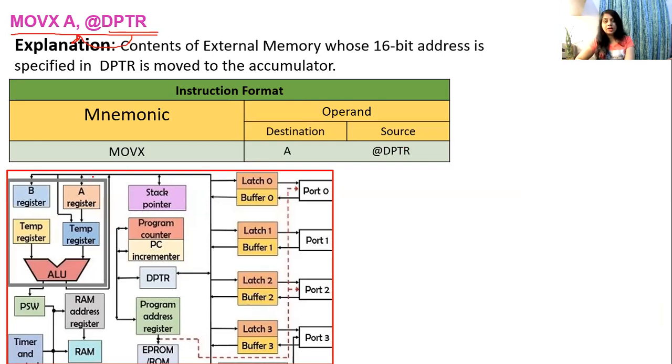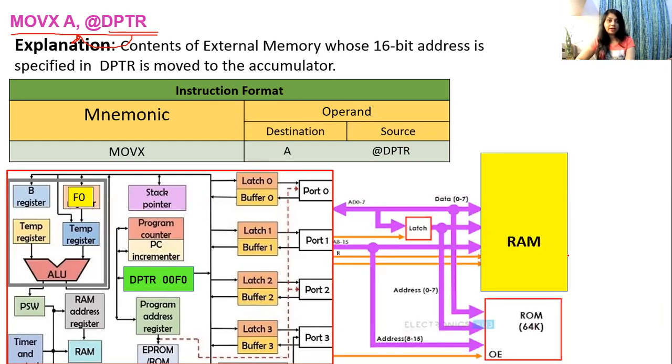Now again assume that this is an 8051 microcontroller, and suppose the accumulator holds F0. And this is the DPTR register, DPTR holds 00F0. Now let's assume that we have connected a RAM. This is external RAM. In this RAM, there is one memory location whose address is 00F0. See, DPTR holds 00F0, and this is the address of RAM 00F0.